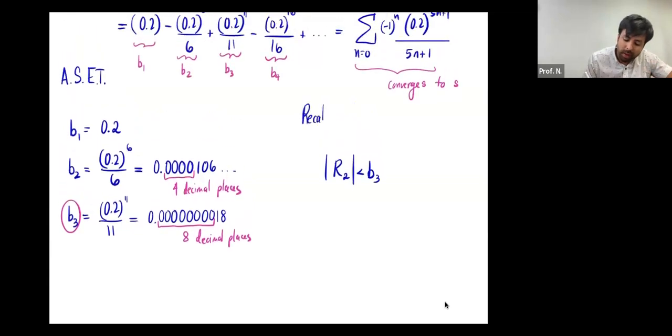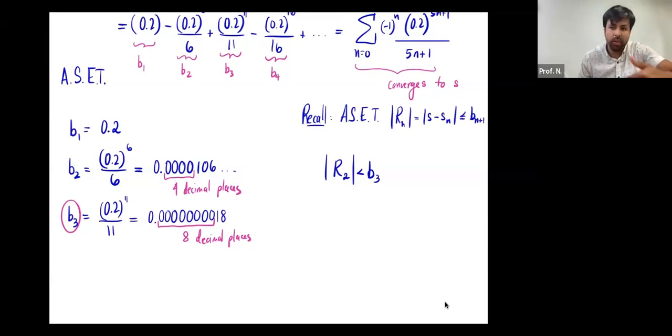Recall, the alternating series estimation theorem states that the remainder, the difference between the actual sum of the series and the partial sum of the series, is less than or equal to the n+1 term in the sequence.